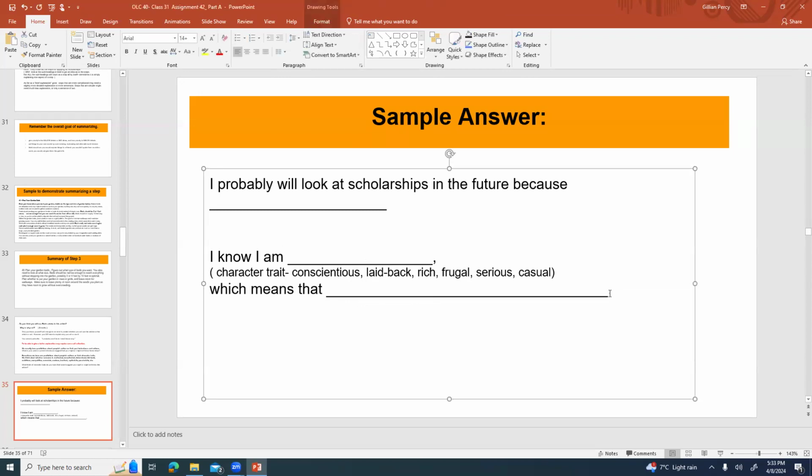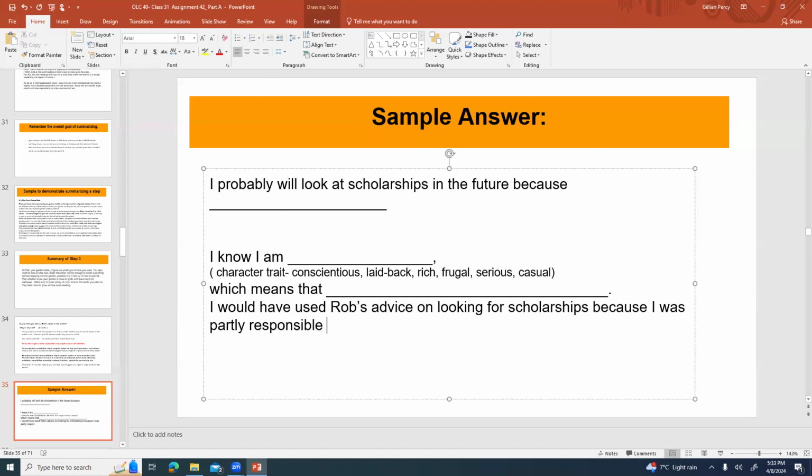So for example, I might say something like, I would have applied or have used Rob's advice on looking for scholarships because I was partly responsible for paying the fees for university.